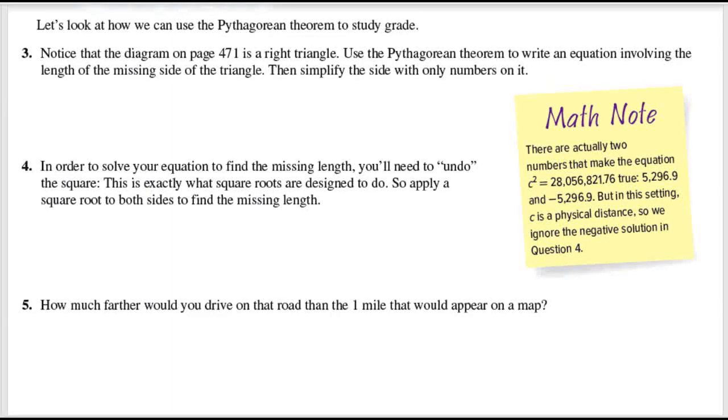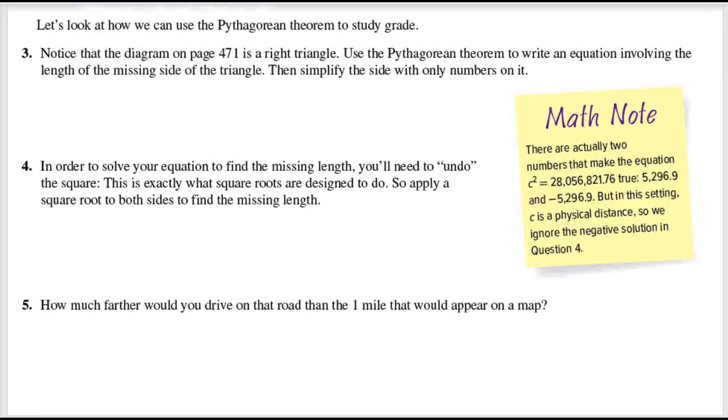Okay. Okay, so look at the Pythagorean theorem to study grade. So go on to question 3. Restart the video once you've answered question 3. Okay, so diagram on page 471.